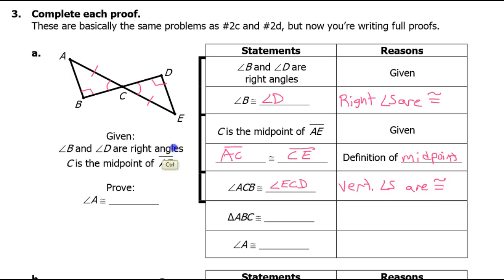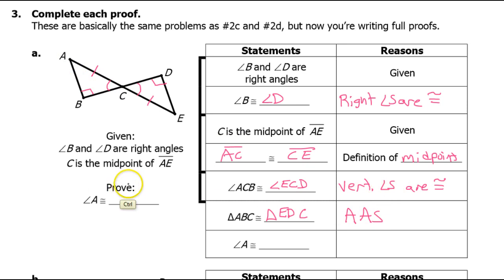Okay, that's enough information for us to say that triangle ABC is congruent to triangle EDC by angle, angle, side. Alright, we have two angles and a side that's not between them, so that's angle, angle, side.